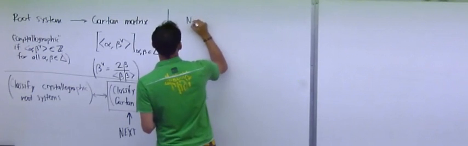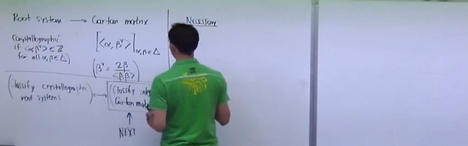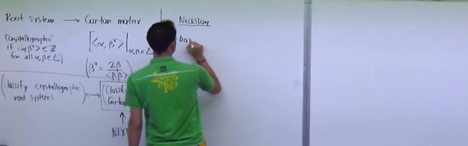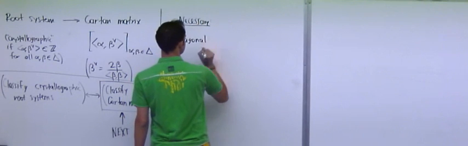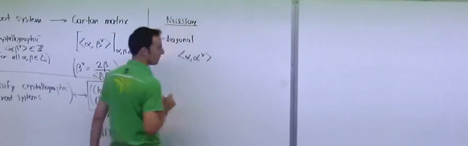So let's talk about some necessary conditions for Cartan matrices. First of all, what are you going to see in the diagonal? In the diagonal, you're going to see the number alpha comma alpha check for each root alpha.